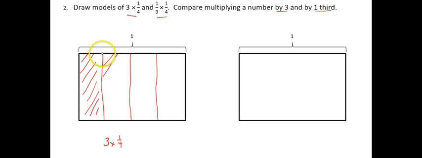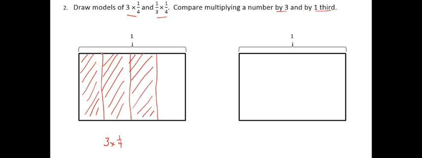If I colored in 2/4, that would equal 2 times 1/4, because it's two groups of 1/4. I need 3 groups of 1/4. So this diagram represents 3 times 1/4 for a total of 3/4.